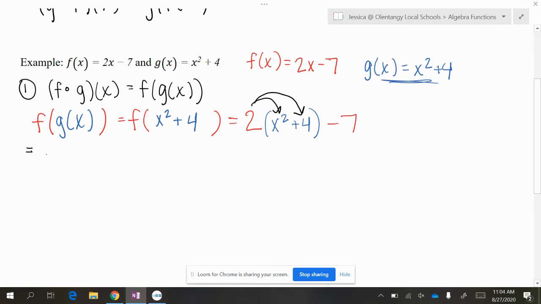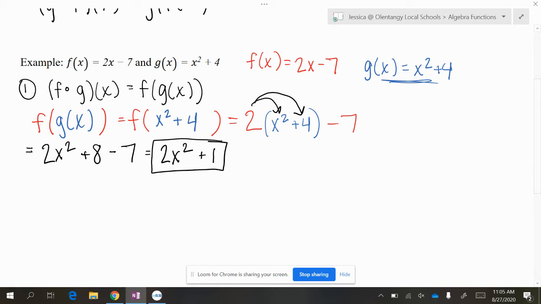So that would be 2x squared plus 8 minus 7, or 2x squared plus 1. So that 2x squared plus 1 is f of g of x.